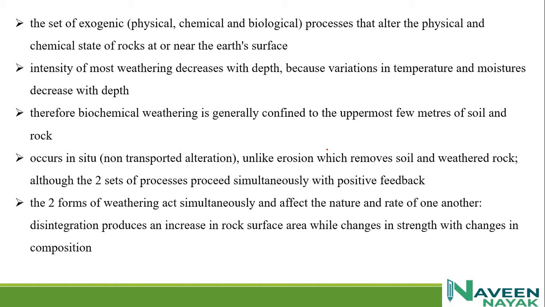And let's see, weathering is the set of exogenic processes, physical, chemical, biological, that alter the physical and chemical state of rocks at or near the Earth's surface. Intensity of most weathering decreases with depth because the variation in temperature and moisture decreases with depth. Therefore, biochemical weathering is generally confined to the uppermost few meters of soil and rock, and occurs in situ.